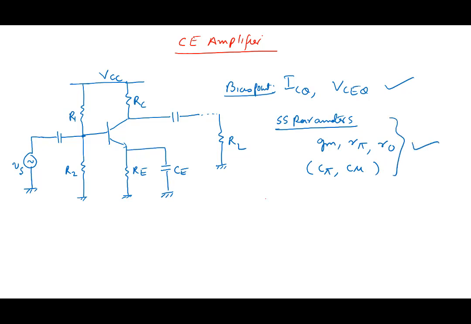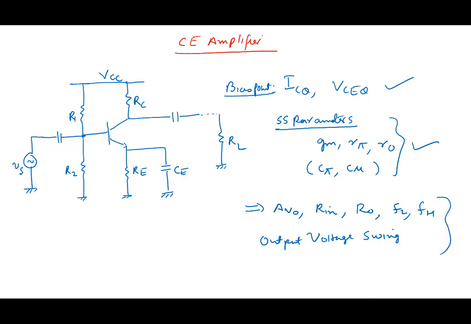And from all of that, you should be able to get the open circuit voltage gain, input resistance, output resistance, lower cutoff frequency, upper cutoff frequency, and we'd also seen the output voltage swing here. So you should be in a position to get all of these quantities, right?